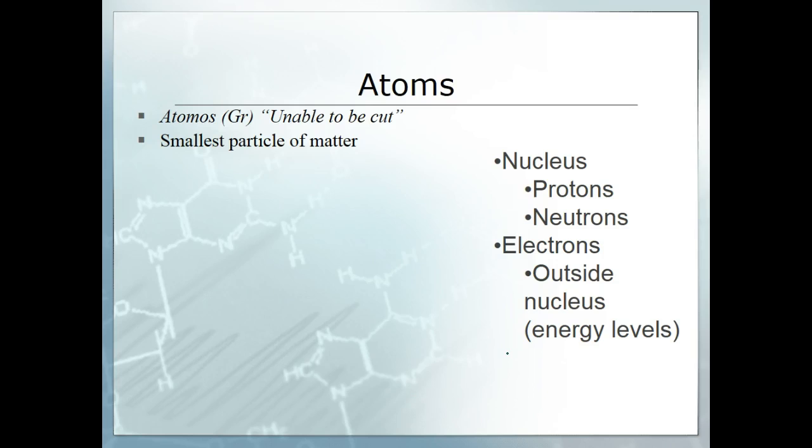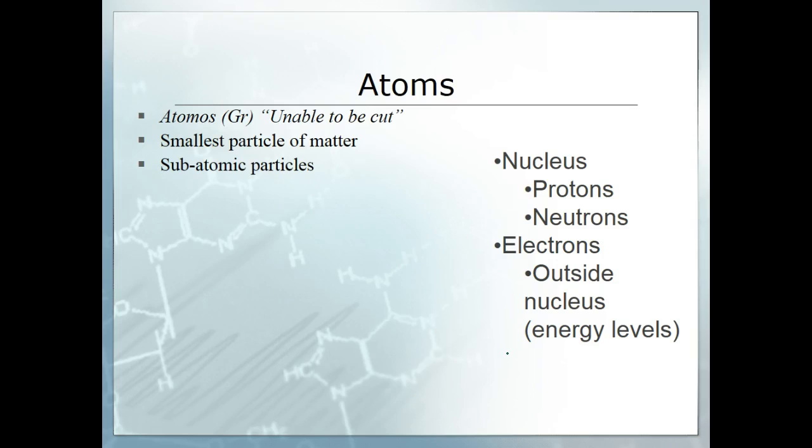We cannot divide atoms out further or smaller unless you're talking about the subatomic particles. But a lot of times they're not considered the smallest because they're not typically found by themselves.